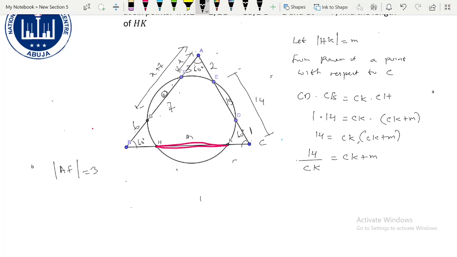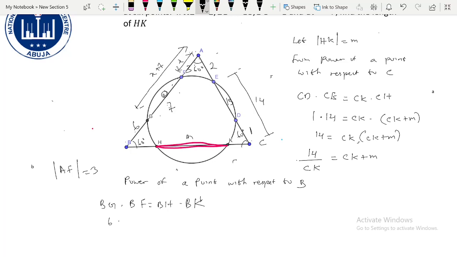Then I also know from power of a point with respect to B. I'm going to take this from point B now. I know that BG times BF has to equal BH times BK.